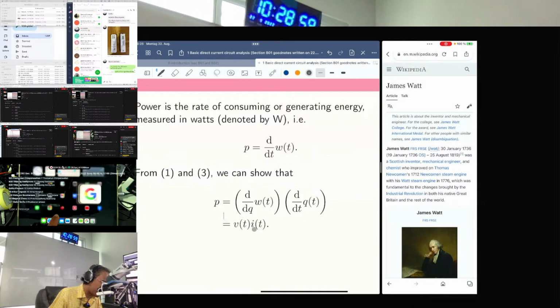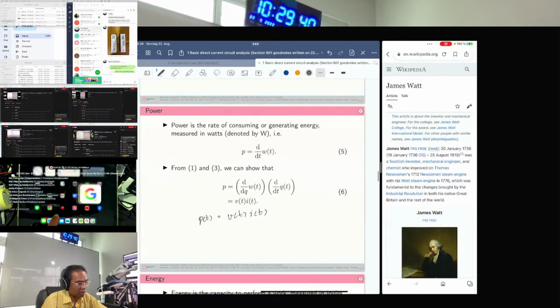So P(t) is equal to V(t) times I(t). Okay, P, the power should also depend on time because both quantities are dependent on time. Okay, yeah, that's the power.